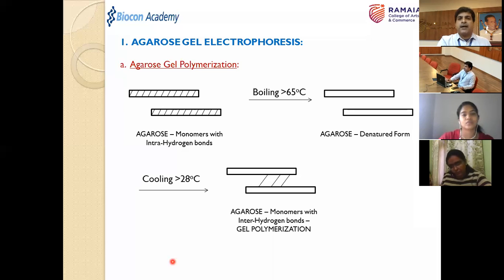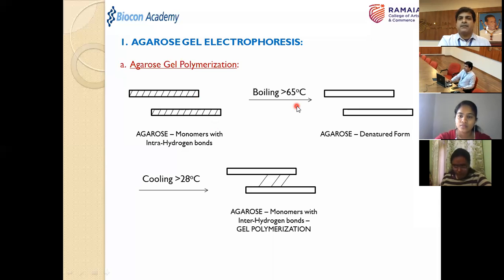Okay. So now agarose gel electrophoresis, if you have seen it already, good. Otherwise, you have to see it sometime later. See, you dissolve agarose in TAE buffer, then you boil it at about 65 degrees centigrade. Then if you cool it, it will form the gel.